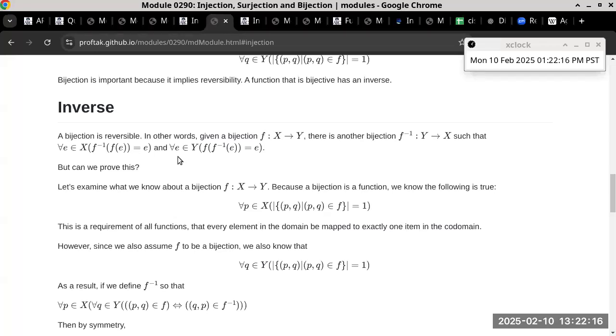Yes, they have to be. In fact, no, injection does not need that. So it has to be bijection. You can only say that in a bijection, the cardinality of the domain must be the same as the cardinality of the codomain.